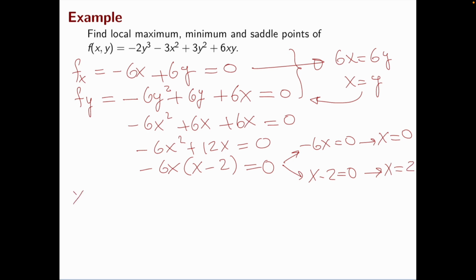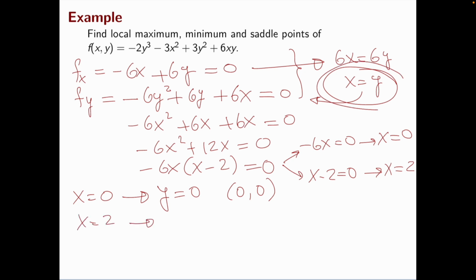So then, if x is equal to 0, coming back to this equation, we get that y is equal to 0, and we have the first solution of the equation. That will be (0, 0). And if x is equal to 2, then substituting again here, we get that y is equal to 2. And we have the second critical point, (2, 2).